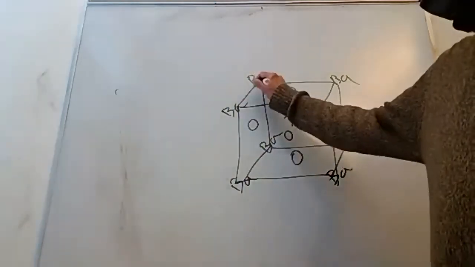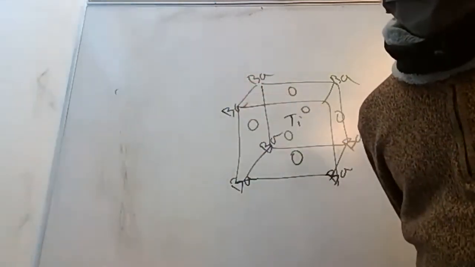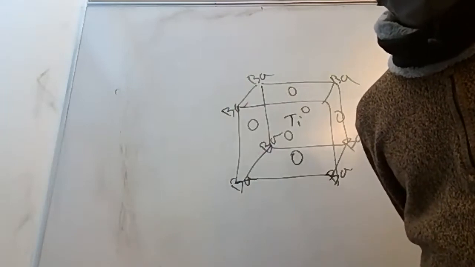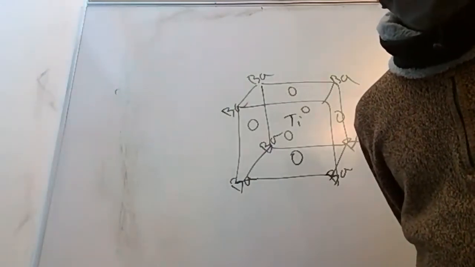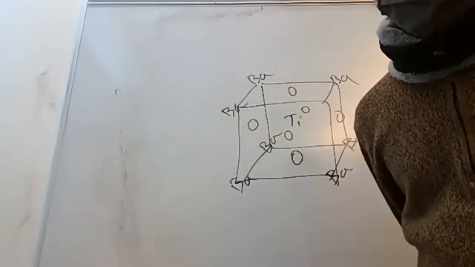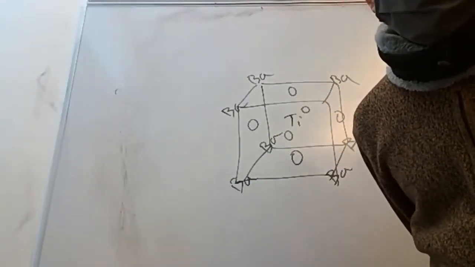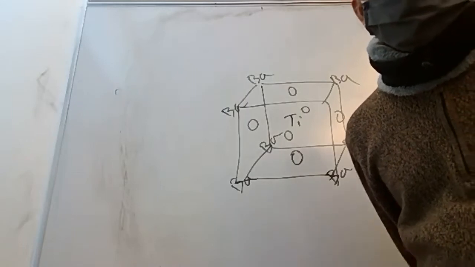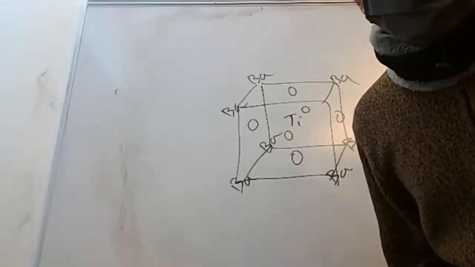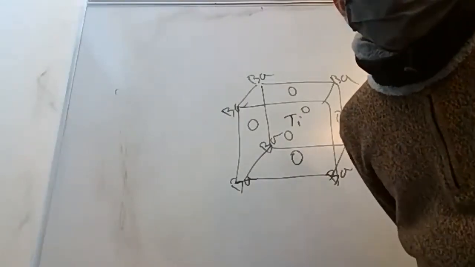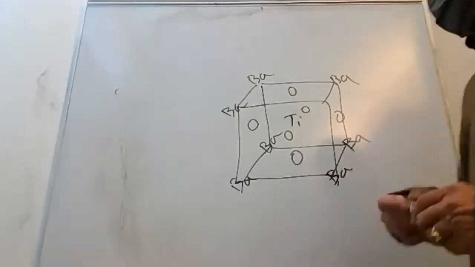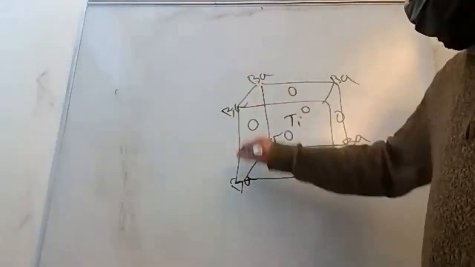If you have bariums at the corners, how many effective number of barium atoms do you have here? You have 8 corners, right? Would it be TiO3Ba? So we go by barium.